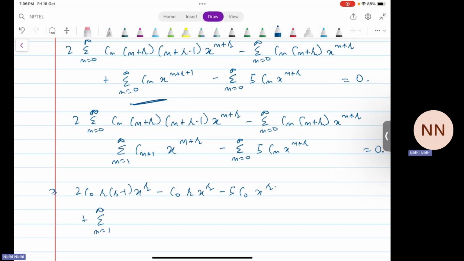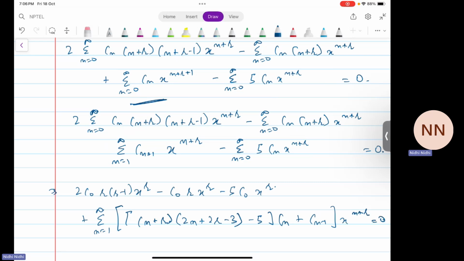I'll just write it directly after simplification. You'll get (n plus r)(2n plus 2r minus 3) minus 5 times c_n plus c_(n minus 1) x to the power n plus r equals to 0.